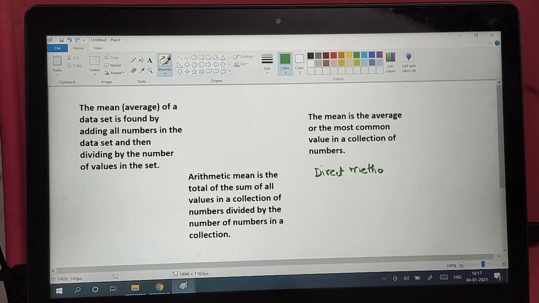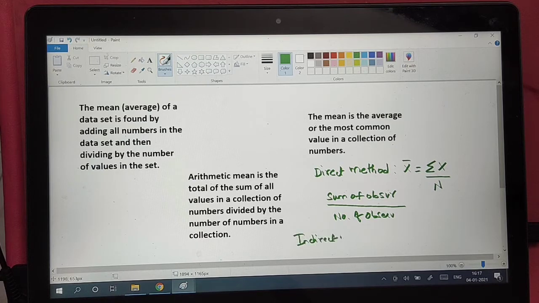In this direct method, we have the formula where mean is denoted as x bar and equals sigma x by n. It can also be called the sum of observations divided by the number of observations.